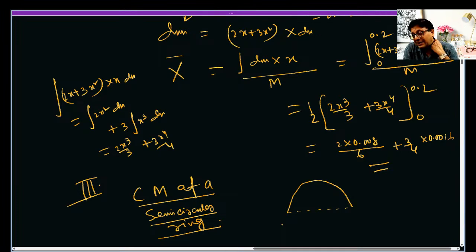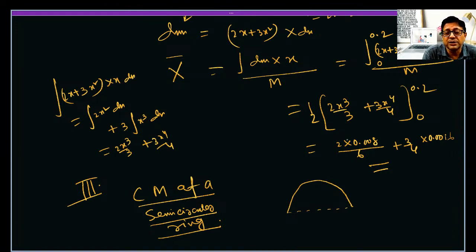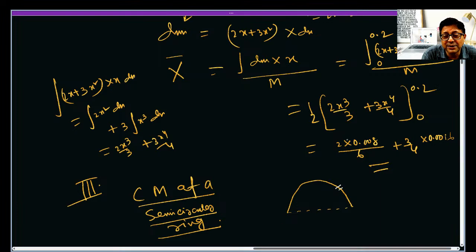How to select the elemental portion here? The elemental portion will be like this. But from one end you cannot take distance x because it is along a curve. Then which one will be easier here? To find center of mass, you go by polar form. This PQ is the elemental portion for the ring.